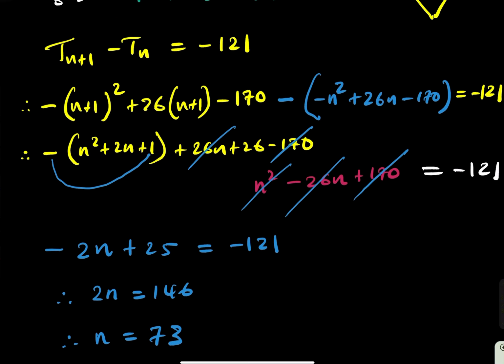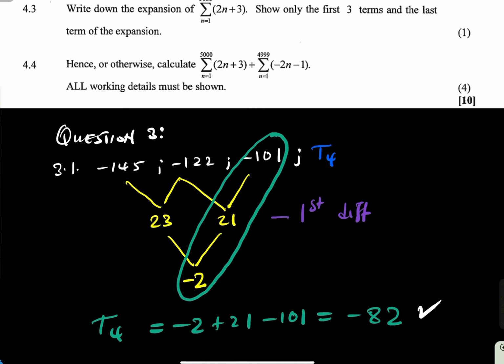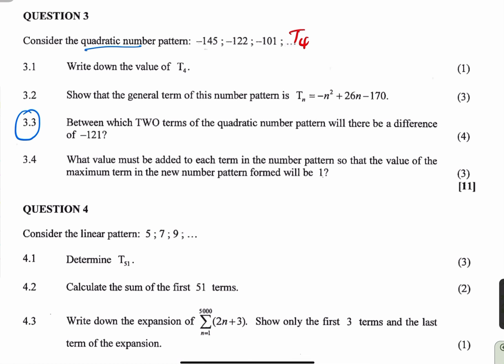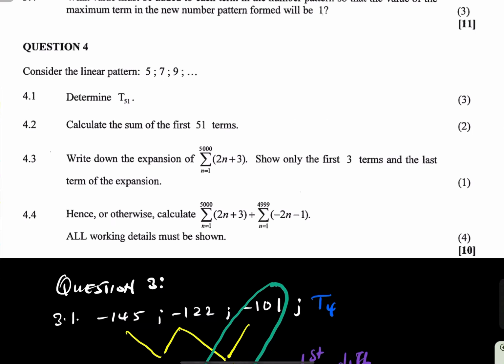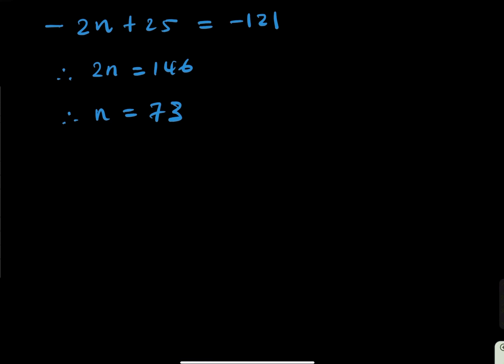So now they are saying between which two terms? Let's go to the question. Between which two terms of the quadratic number pattern will there be a difference? So let's check. The first two terms, it's going to be Tn, and your n is 73. So it's going to be in between Tn and Tn plus 1.